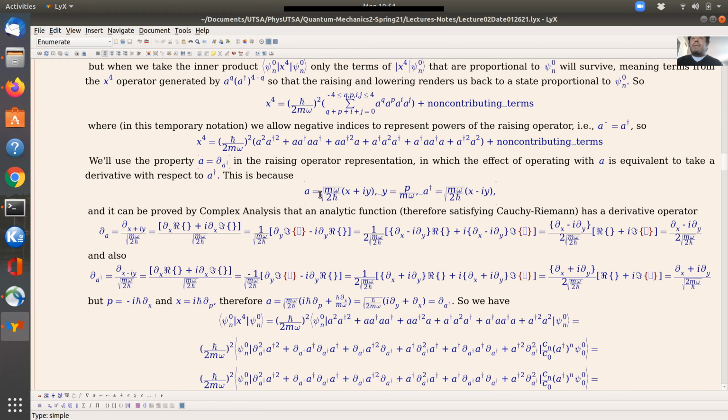This is because you have A in terms of position and momentum. This is a quantity proportional to momentum, y equal to P over m omega. And A dagger looks like this with the minus. If we were to analyze the partial derivative with respect to A with this representation, well, it's a complex derivative, so it has to satisfy the Cauchy-Riemann conditions by complex analysis for being a well-defined partial derivative in the complex plane.